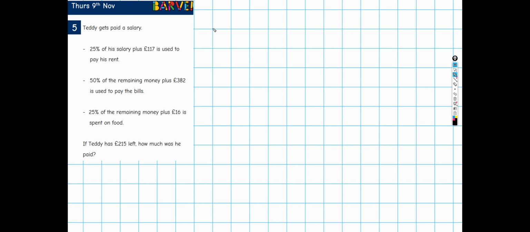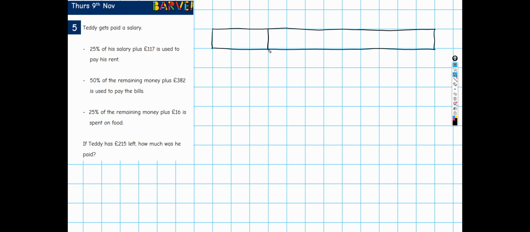Okay, so I am going to draw one bar to represent the total amount of money that Teddy was paid. There's a lot going on, so I'm going to make it a nice big bar. And I could do all of the calculations on here, but I might actually be redrawing this. So what have we got going on at the beginning? 25% of his salary plus 117 is used to pay his rent.